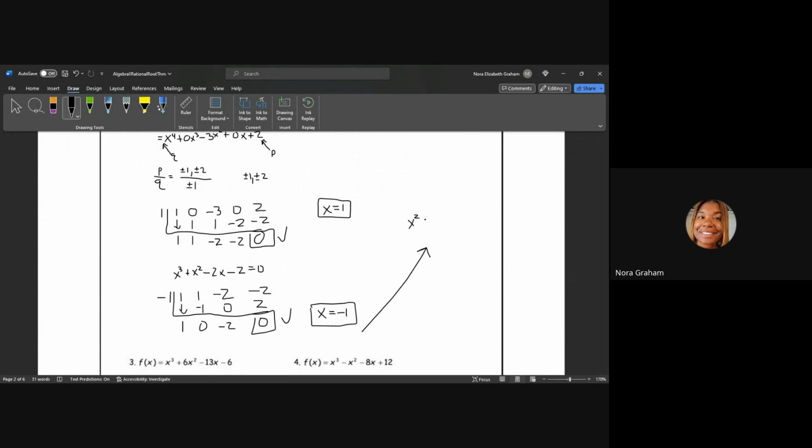And then I can put plus 0x, just so I can make sure I'm showing you every step. And then minus 2. Okay, but we don't really have to write that 0 there, so I can go x squared minus 2. And remember, we're setting these equals to 0 because we're finding roots.